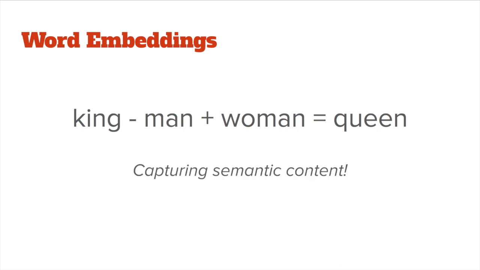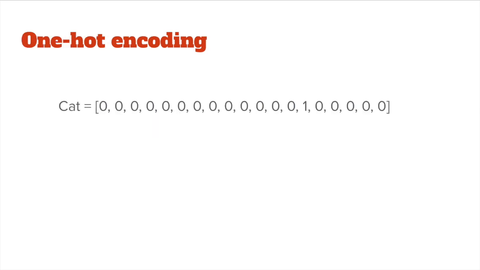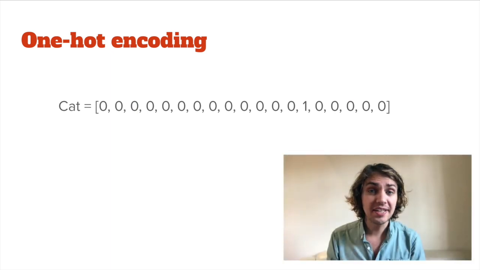Now, in order to appreciate how exciting this is to NLP researchers, you should know something about how words are typically represented by computers. Typically, NLP uses forms of discrete representation, as it's called, which is usually done using one-hot vectors, such as the one you see here.